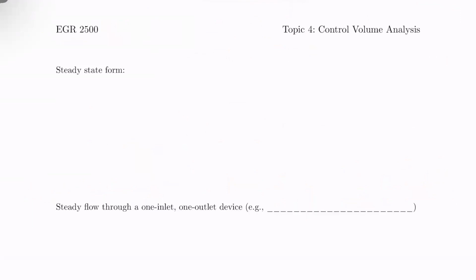If we are working with a configuration that is steady, we said before that steady means d/dt terms are 0, right? So that means that I can get rid of my left-hand side. So dm_CV/dt is equal to 0.